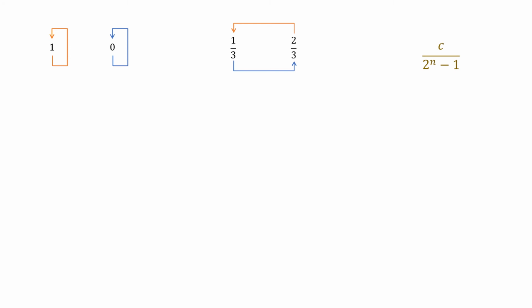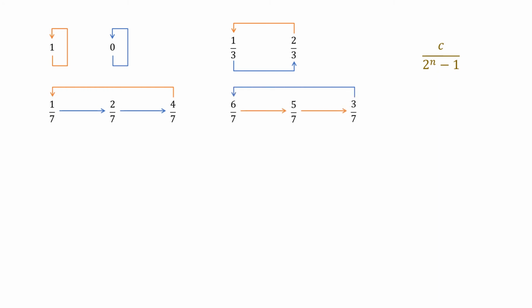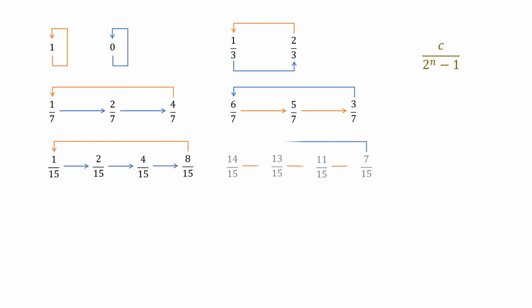The numerators are 1, 2, 4, then 6, 5, 3. N being equal to 4. The cycles are, out of 15, 1, 2, 4, and 8, then 14, 13, 11, and 7. But here's the thing. 3, 5, 6, 9, 10, and 12 are missing.